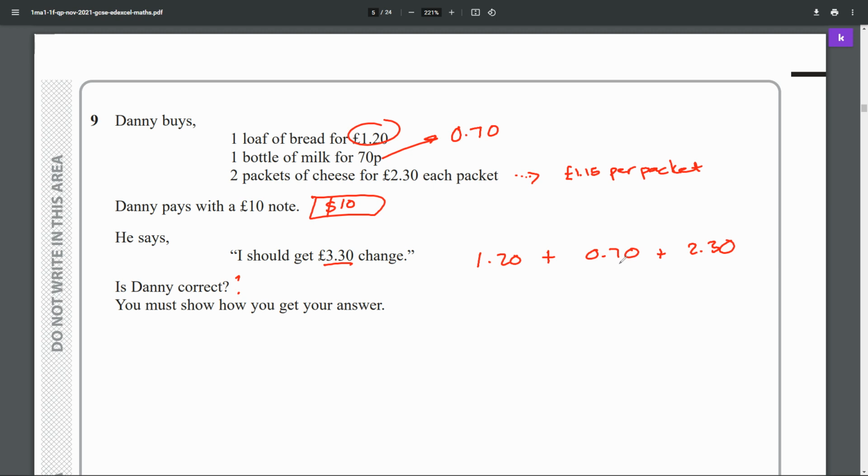When I add it up, if I didn't have to use a calculator, 2 plus 7 is 9 plus 3 is 12. 1 plus 1 is 2 plus 2 is 4. So 4.2 pounds is going to be my total that this comes to. All right, just double check me here if this is correct.